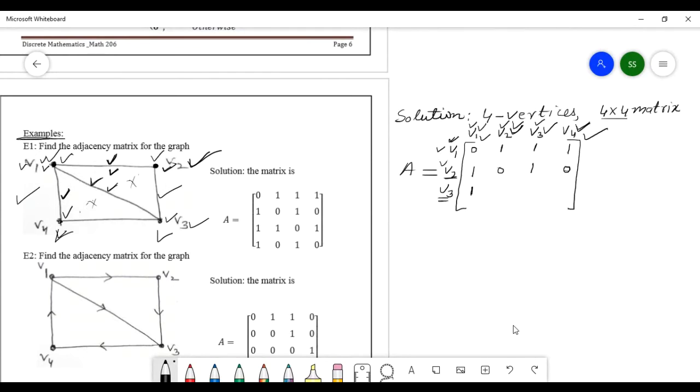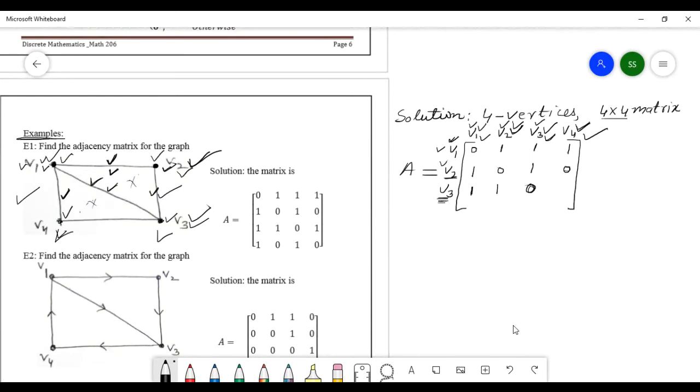Between them an edge exists. So here write 1. Okay. And now V3, V3, same point, no edge. So write 0. Here no edge exists. So write here 0.